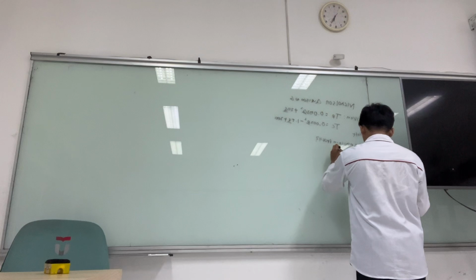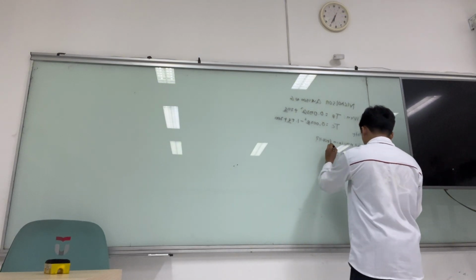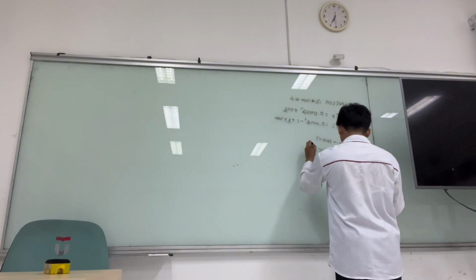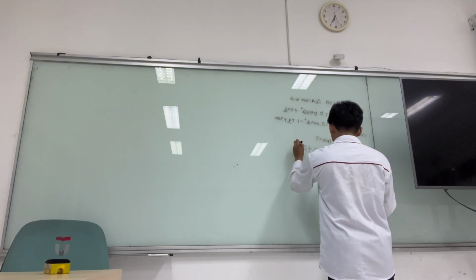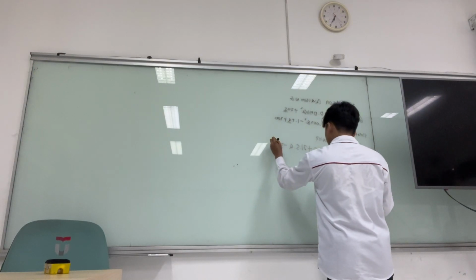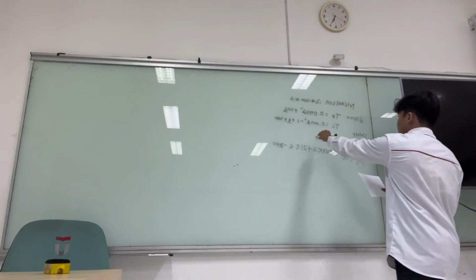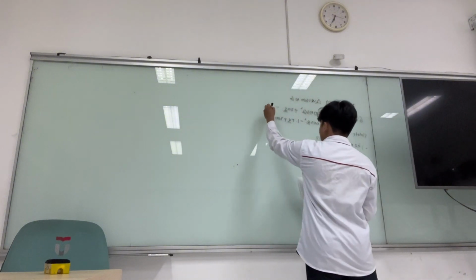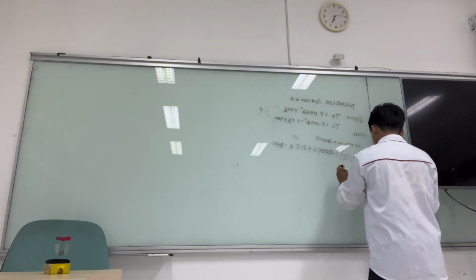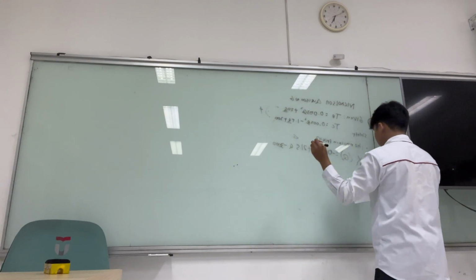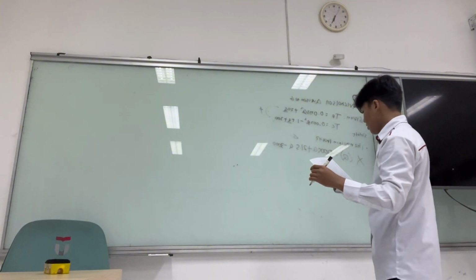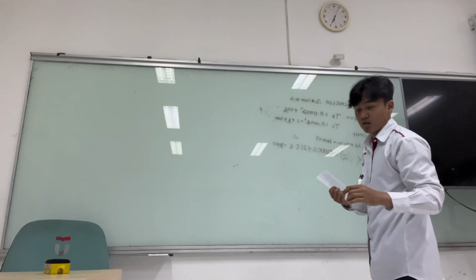The equation is minus 0.005 Q squared plus 21.5 Q minus 3,000. This is the definition from this combined. So we substitute this Q with the answer from earlier, 2,150, which is the profit maximizing quantity.